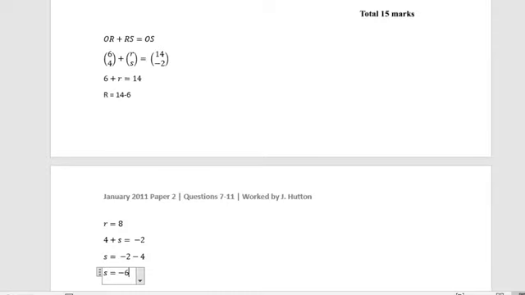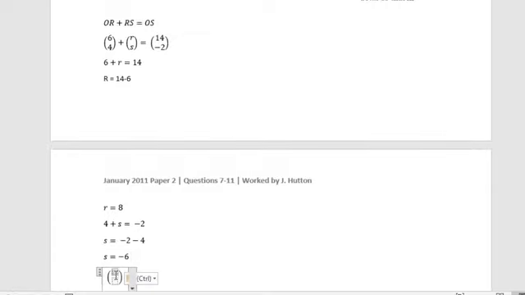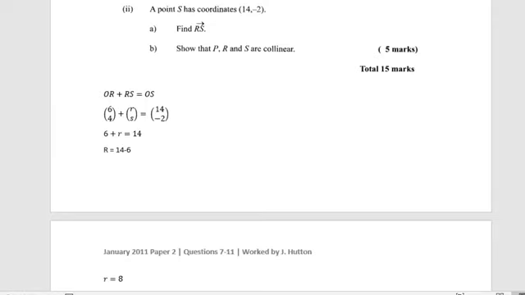So therefore the answer for R and S is equal to 8, -6, and RS is 8, -6.